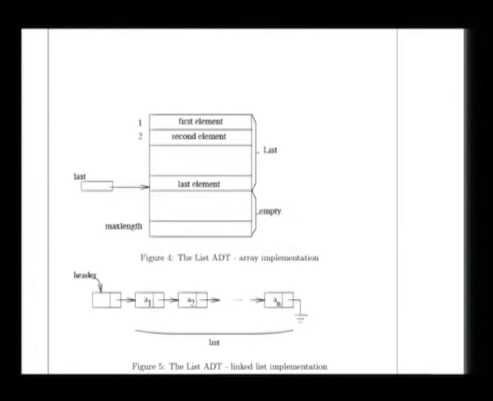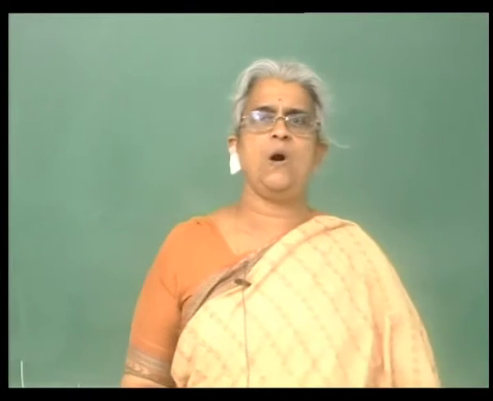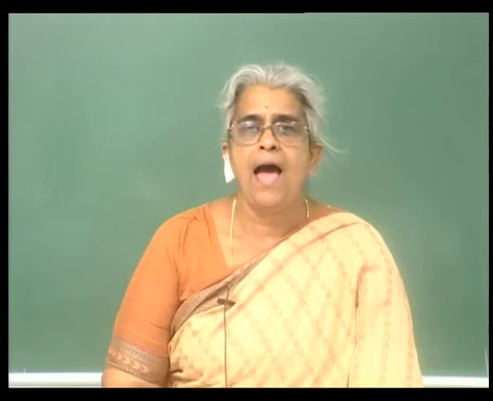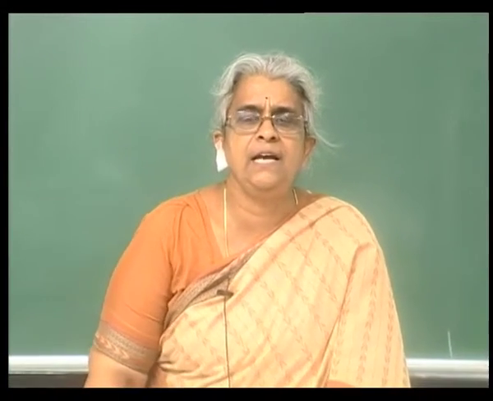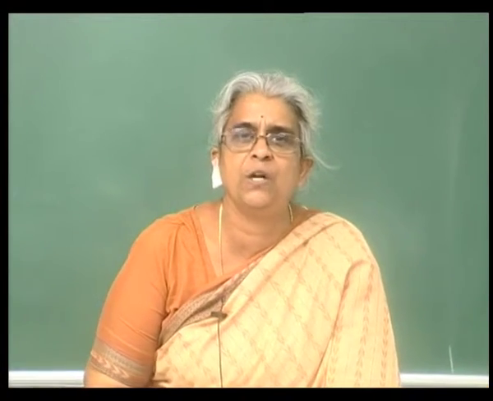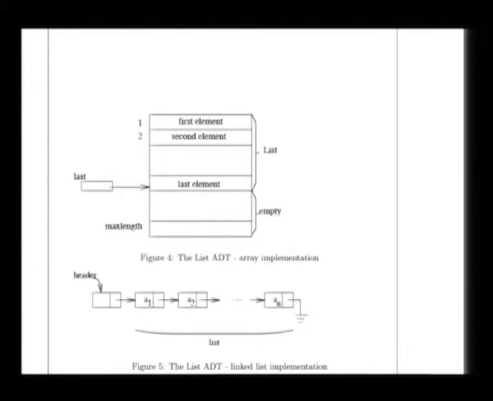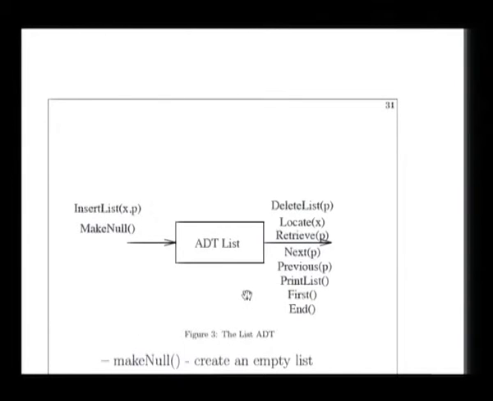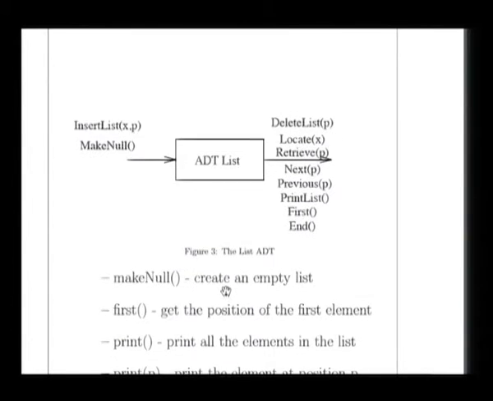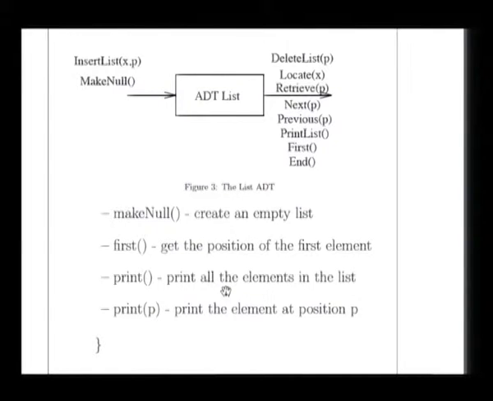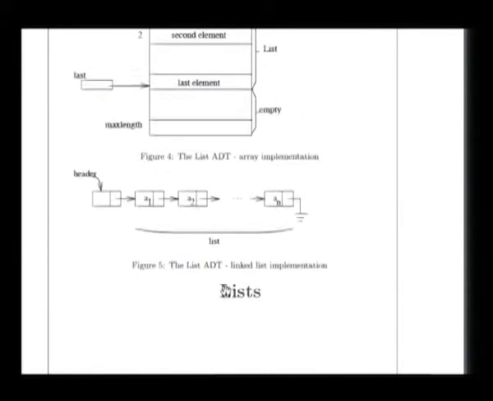So you can implement the list using either the array or the linked list, but the operations on the list are the same, and as far as the user is concerned, the user is quite oblivious to how the implementation of the list is being done. This is essentially the idea, and the user is only going to do insertions, deletions, and so forth. Let us see how this can be done.